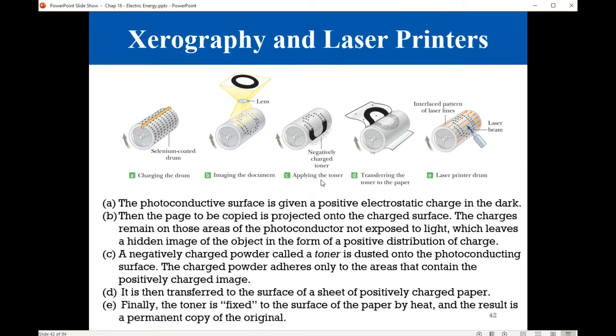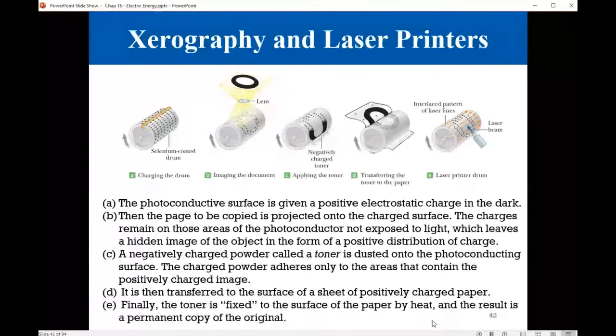Then the negatively charged powder, which we call toner, is dusted onto the photoconducting surface, and the charged powder adheres only to the areas that contain the positively charged image. So this way it is transferred to the positively charged paper. Finally, the toner is fixed by heat, and the result is a permanent copy of the original.